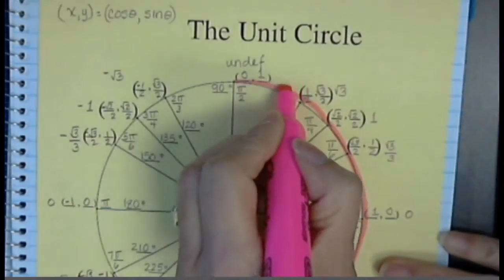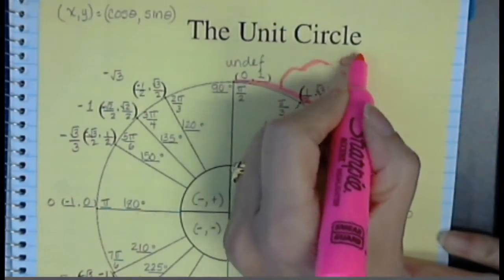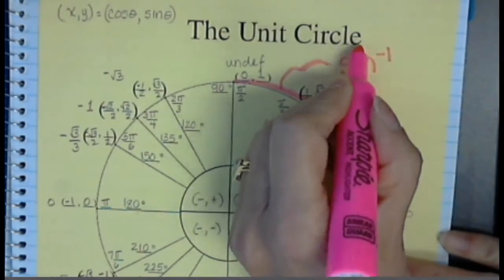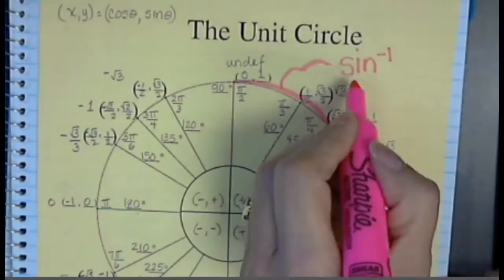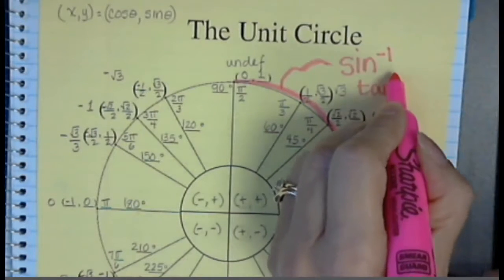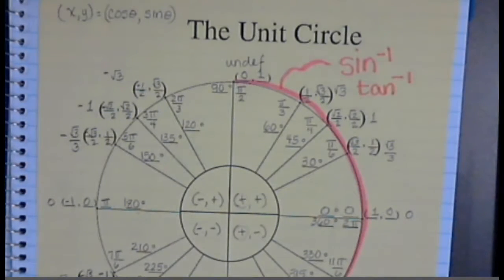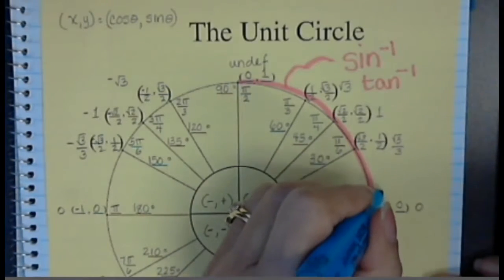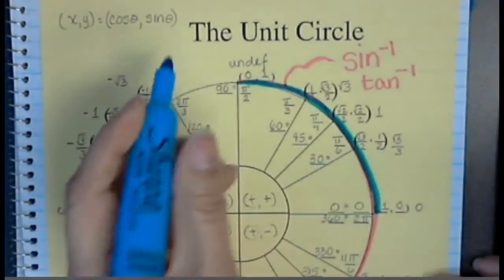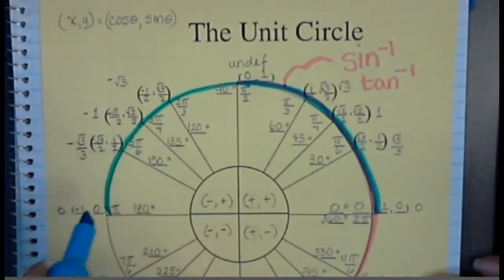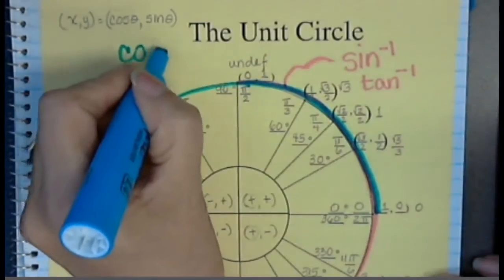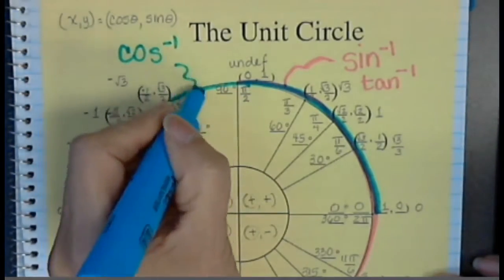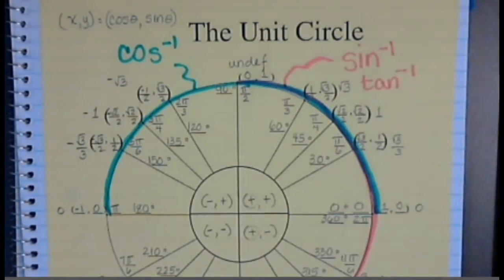So I highlighted that to remind me that if I'm looking for inverse sine, that's the angles it's going to give me. This also works for inverse tangent. For inverse cosine, our calculator will give you an angle between 0 and pi. So if you are looking for the inverse cosine, it's going to be the blue highlight.